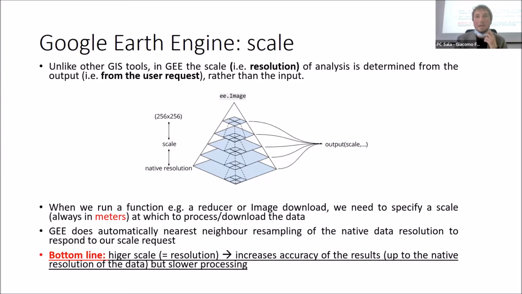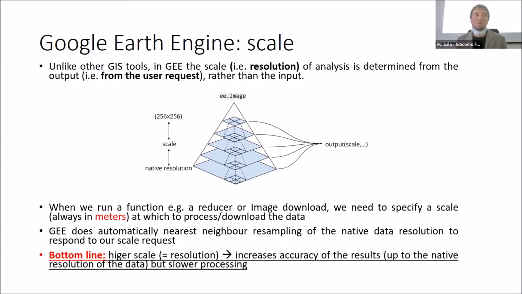But then you can ask Google Earth Engine to do the calculations at a scale of 5 kilometers, and this will be quicker than doing it at 1 kilometer, but it will be more approximated because it will interpolate the pixels so as to operate at 5 kilometers.